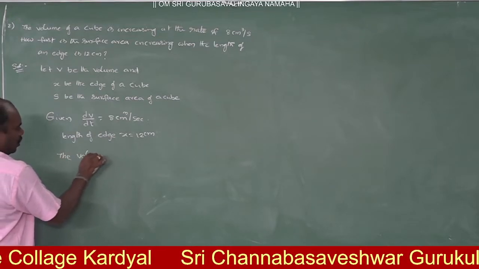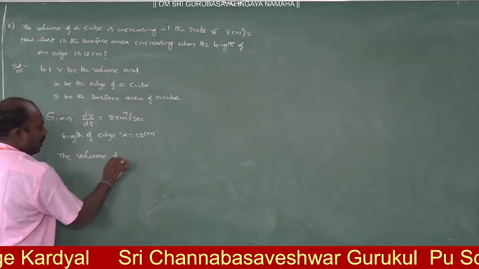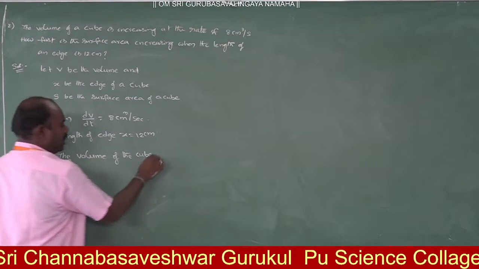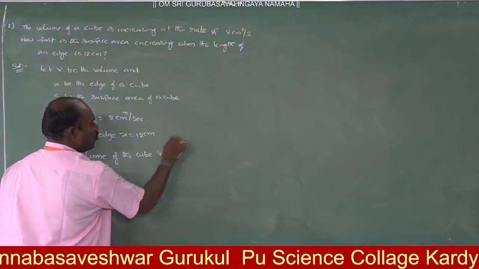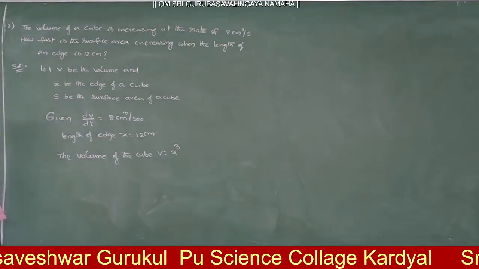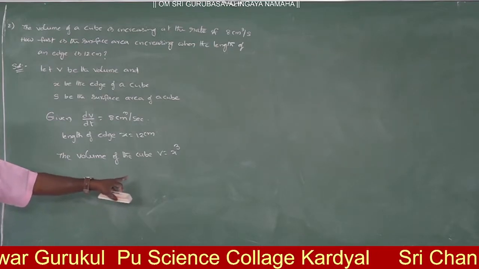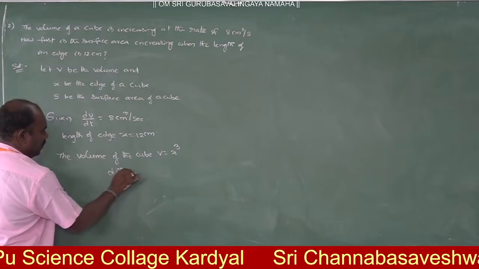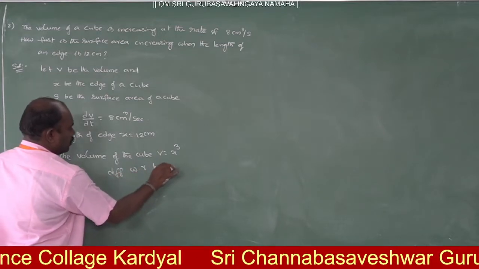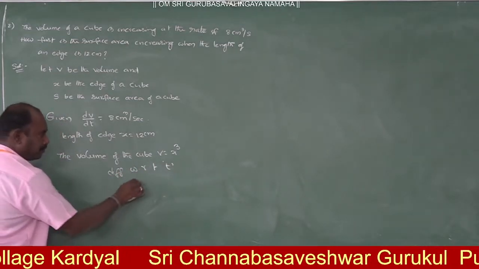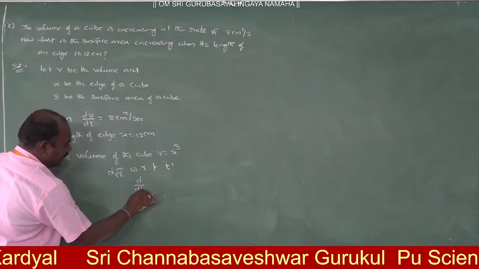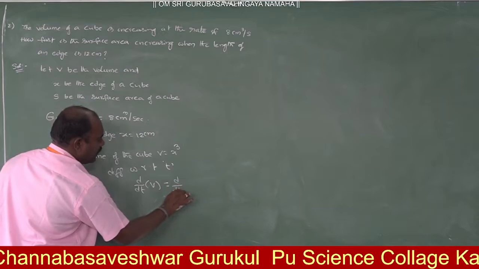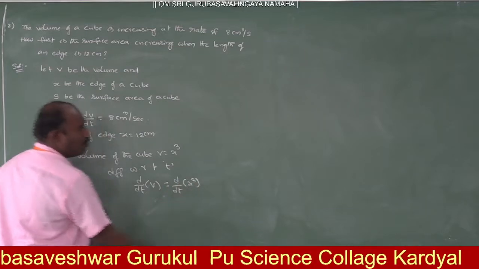The volume of the cube. What is the formula? V equal to x cube. So differentiating with respect to t. d by dt of V equal to d by dt of x cube.